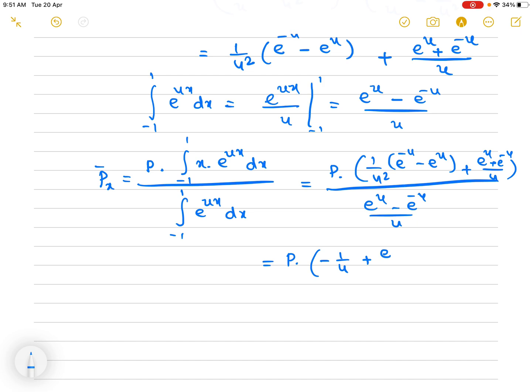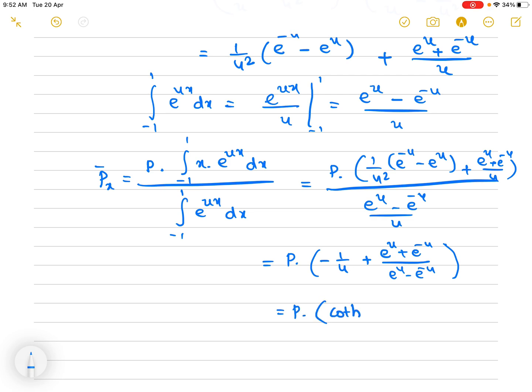Okay, so this would be our coth x. So this p times, we can write this as coth u minus 1 by u. This coth u minus 1 by u is called the Langevin function.